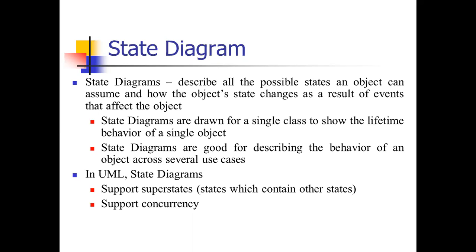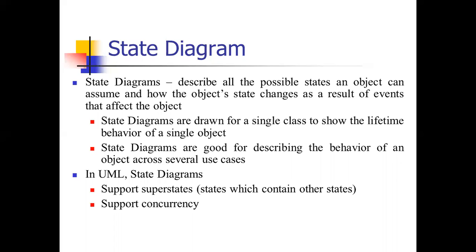In UML, the state diagram supports superstates. Superstate means a state which contains other states. We will see in the example what a superstate is. The state diagram supports superstates and concurrency. While designing a state diagram, it also has an initial state and an end state.